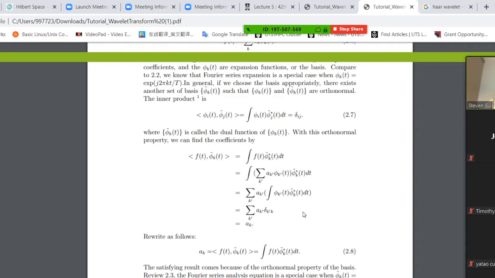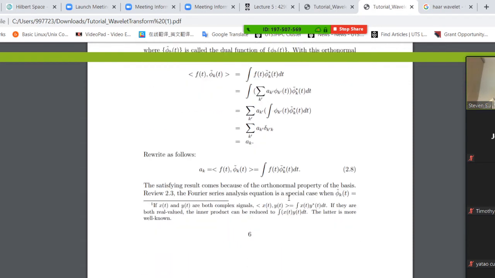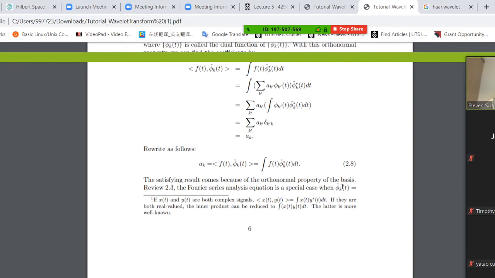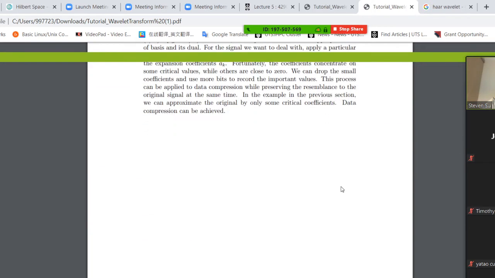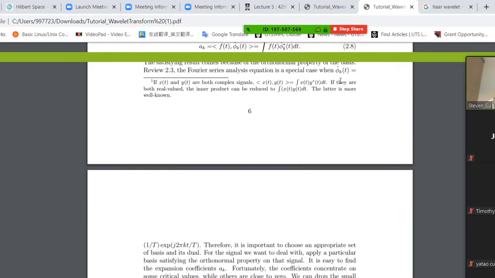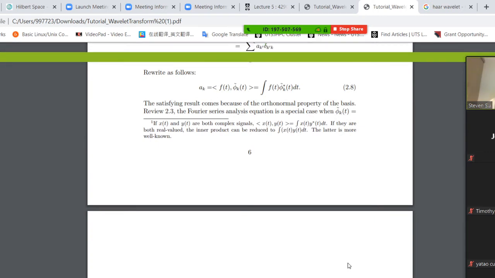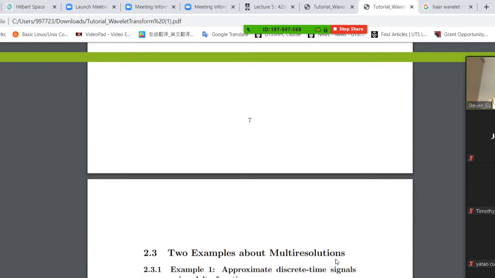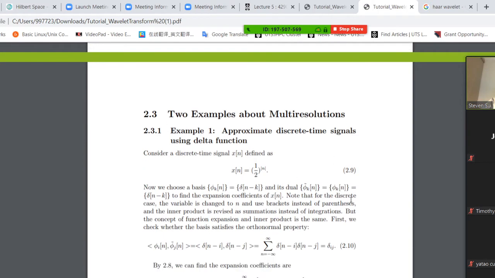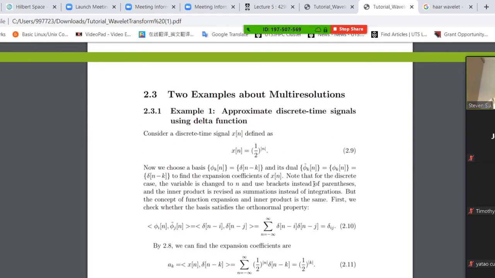Most wavelets are developed and calculated based on this fundamental idea, so the calculation is faster as well. The Fourier series is a special case of this kind of wavelet. We look at some examples and also multi-resolution analysis.